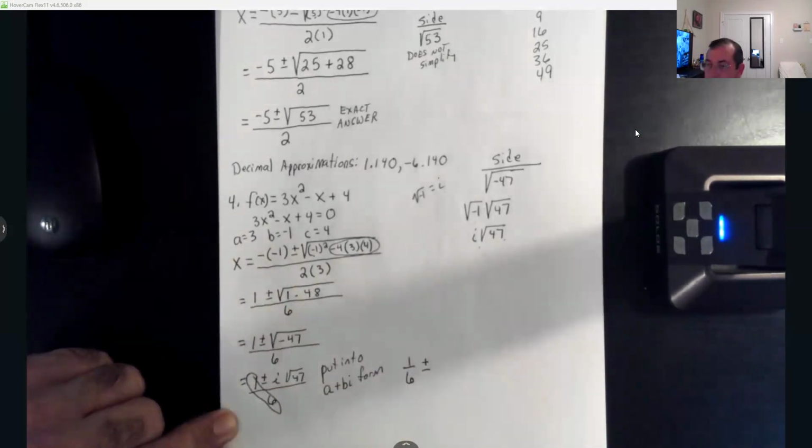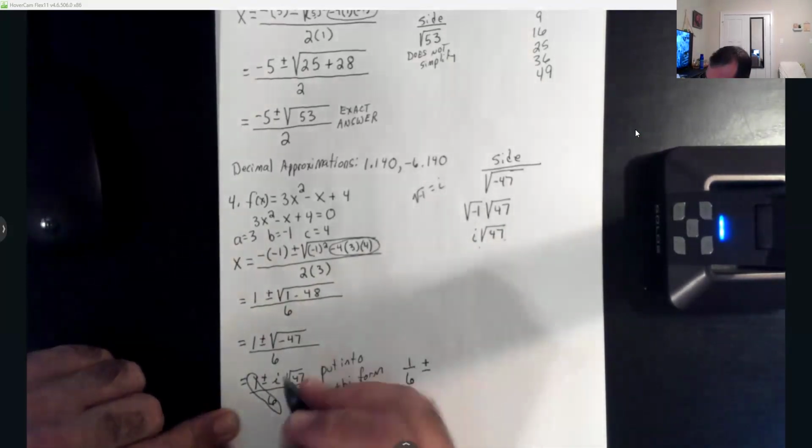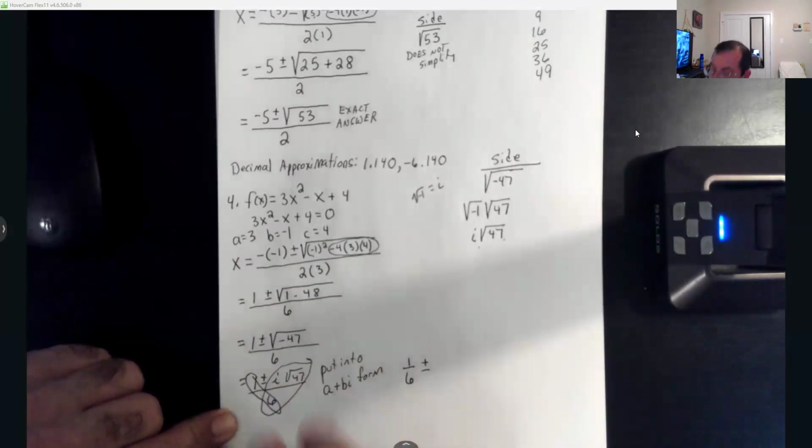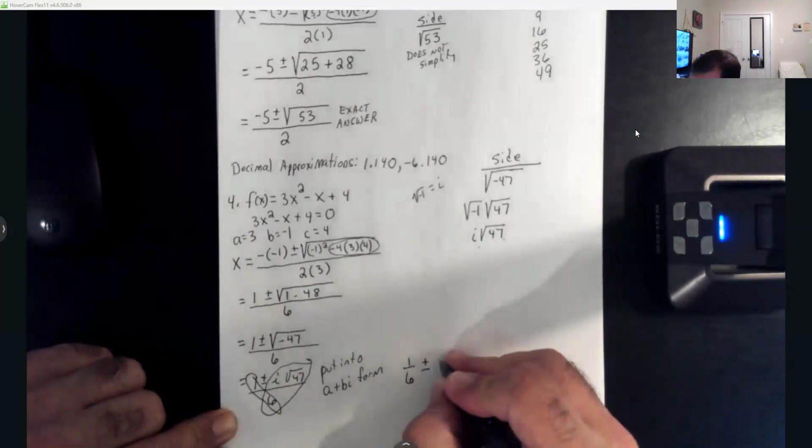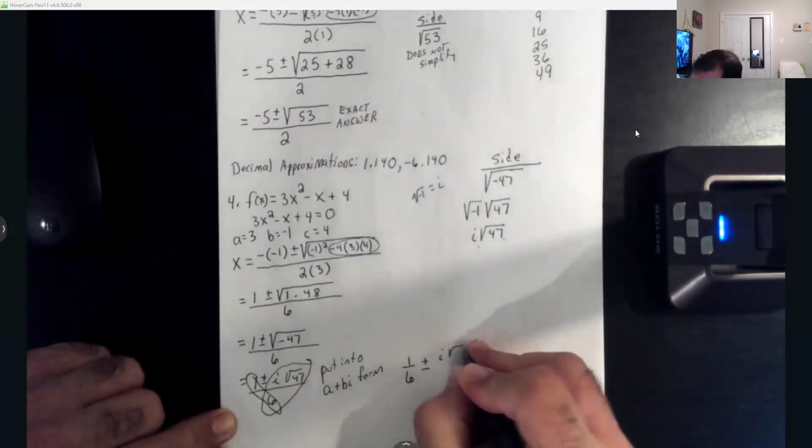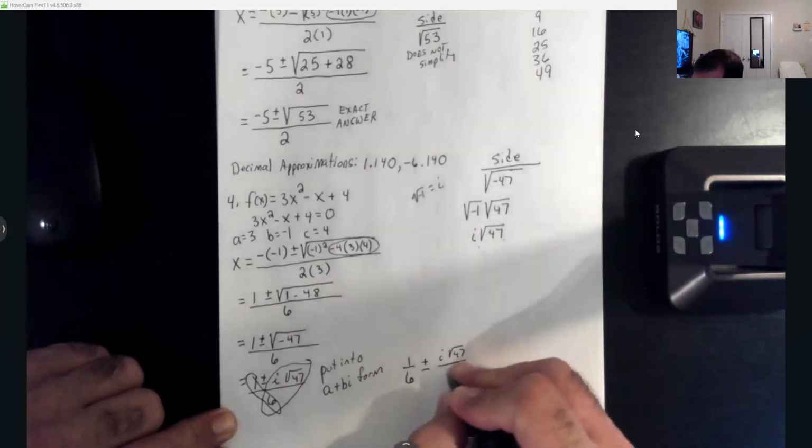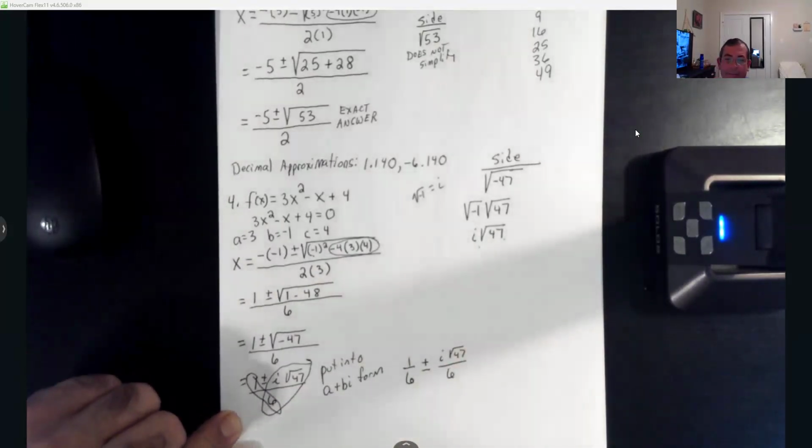So y'all, that's the first fraction, the 1/6. And then this becomes the second fraction, which is I square root of 47/6.